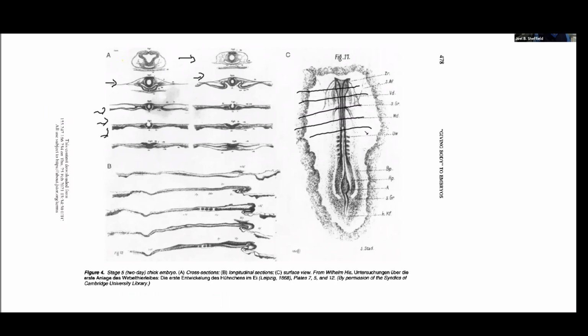He then took another embryo. Clearly couldn't do it once he had cut sections of this one, and cut in the other direction. And so that's what these images are. These are the longitudinal sections of the same thing.